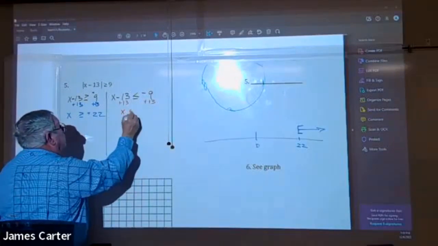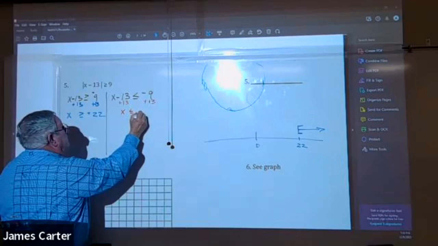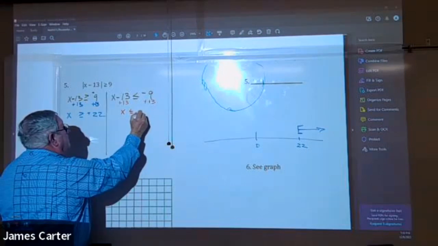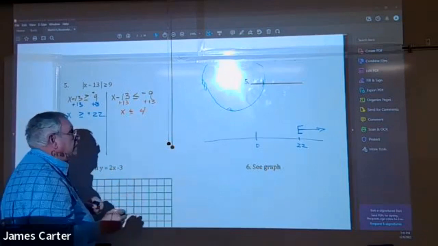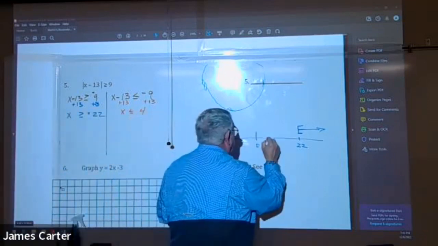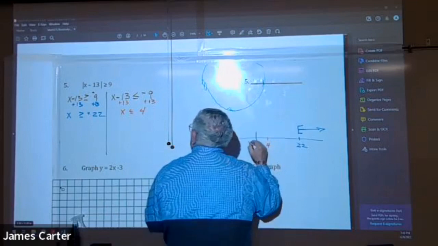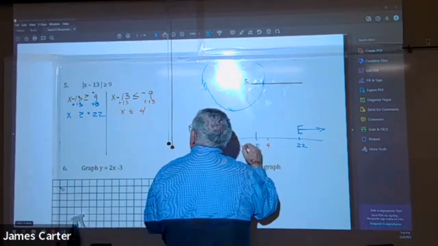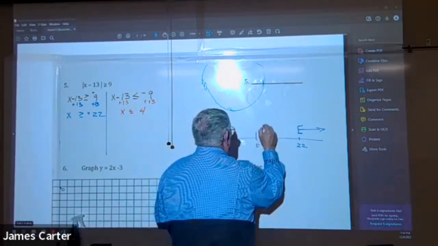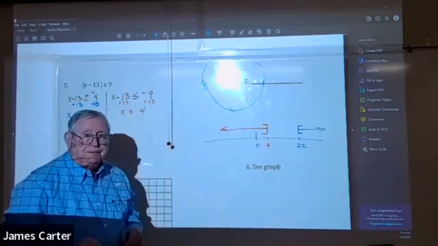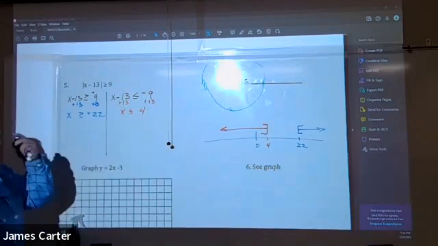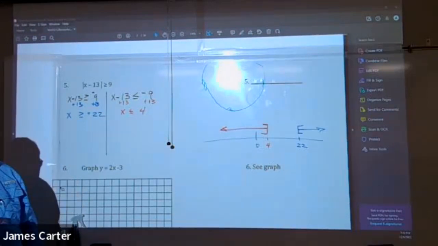X less than or equal to, in this case, positive 4. Okay, so we graph that. Here's positive 4. And in this case, it's everything less than or equal. So it's everything this way. Now, that's your completed graph on this one. As you see, there is no overlap on this one.